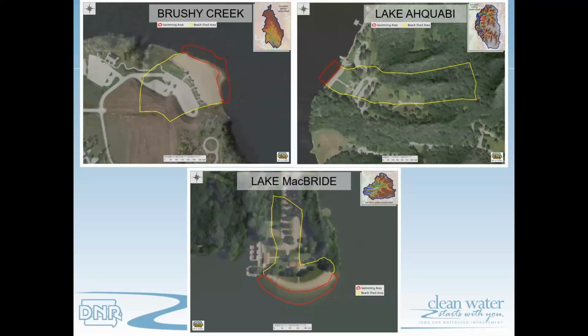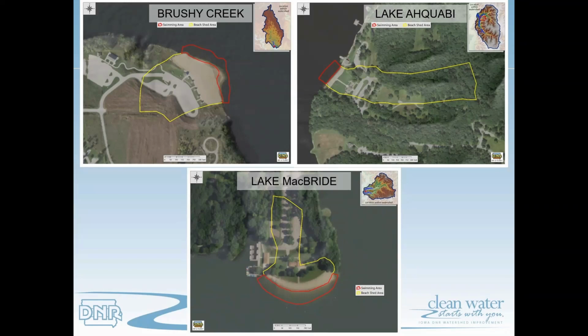And so here in each of these beaches, we've talked about our beach shed area, which we've highlighted in yellow. The beach shed areas for these three beaches range in size from 3 acres to roughly 11.5 acres. We've also identified the swimming area, or the nearshore beach volumes, which we've highlighted in red.